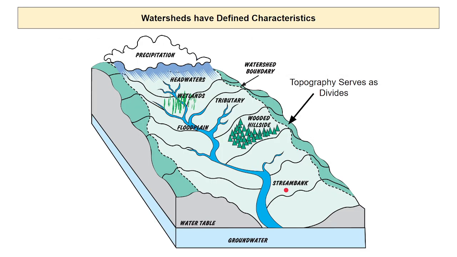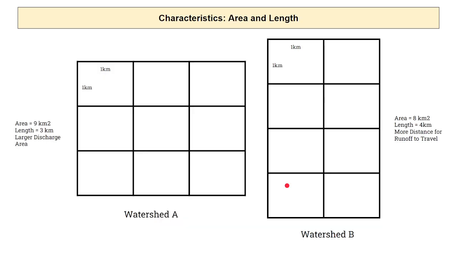Now, watersheds are going to have some defined characteristics, and each characteristic is going to shape how that watershed affects local bodies of water. The first one is going to be area and length. So how wide or how long is your watershed? Obviously, the bigger the area, length, or width, the more water is going to infiltrate or run off into whatever body of water you're looking at.